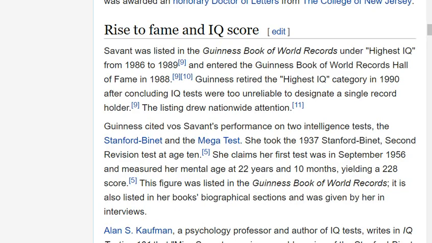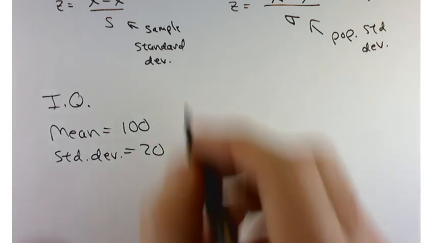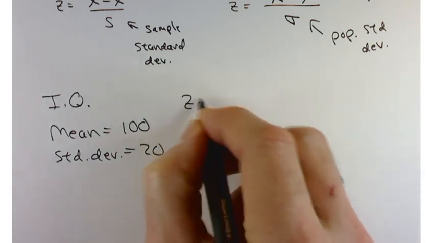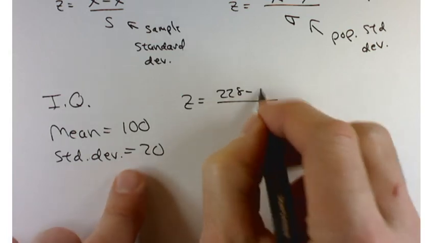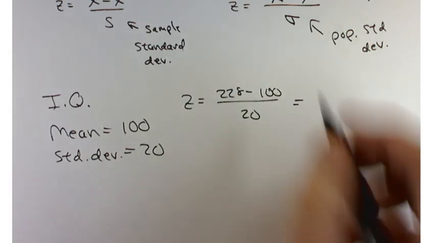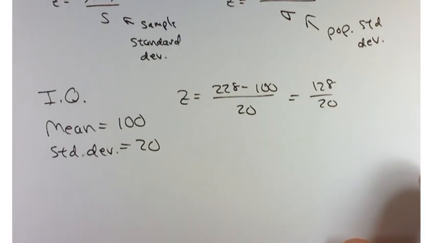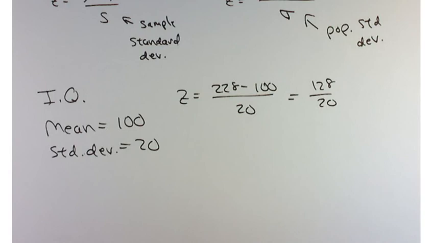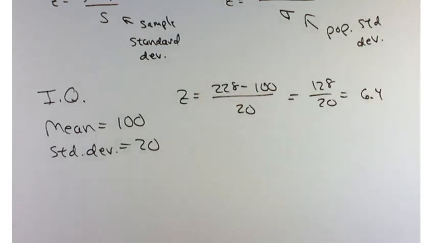That's pretty high. So let's try and find the z-score for her intelligence. So the z-score would be 228 minus 100 divided by 20. So that gives us 128 divided by 20, so that's going to be about 6.4 if I do my math correct on that one. 6.4 standard deviations above the mean. That's huge.